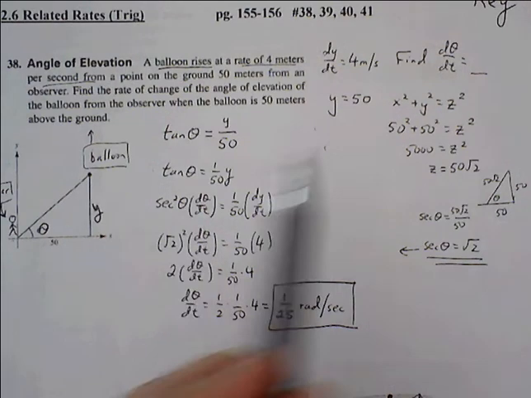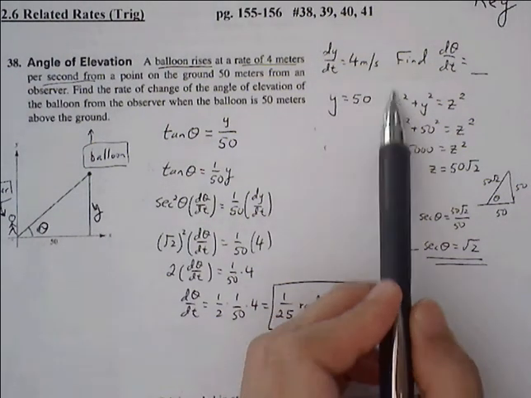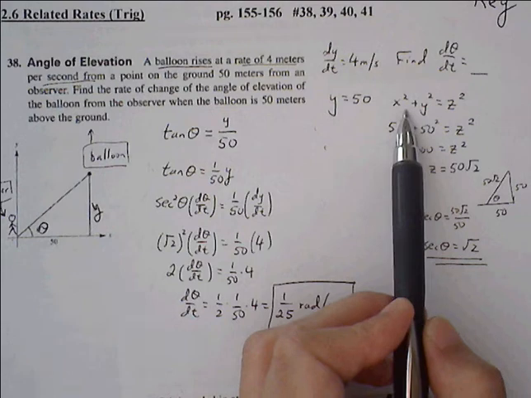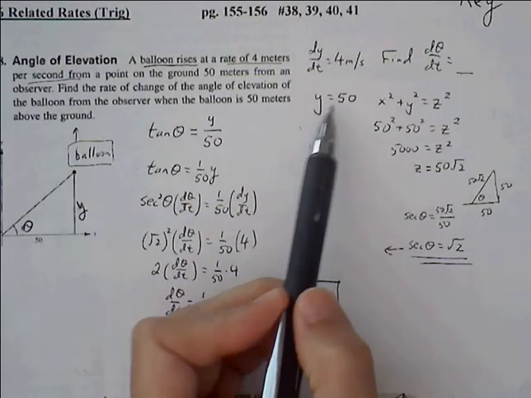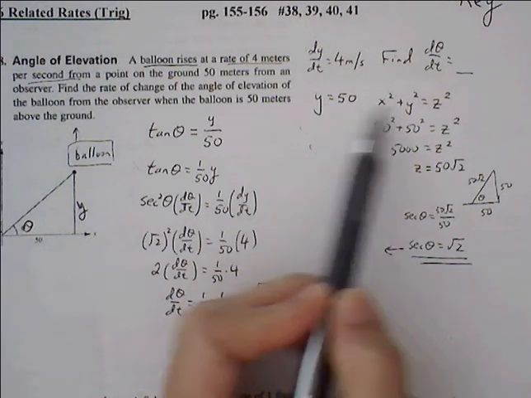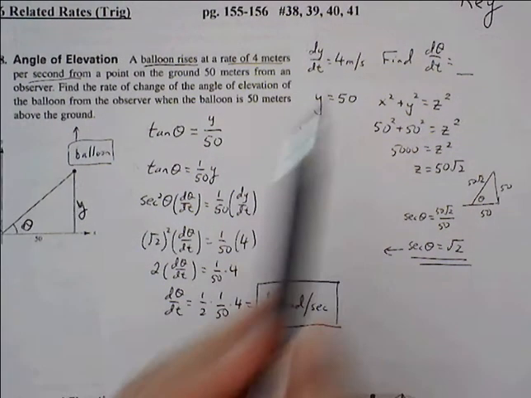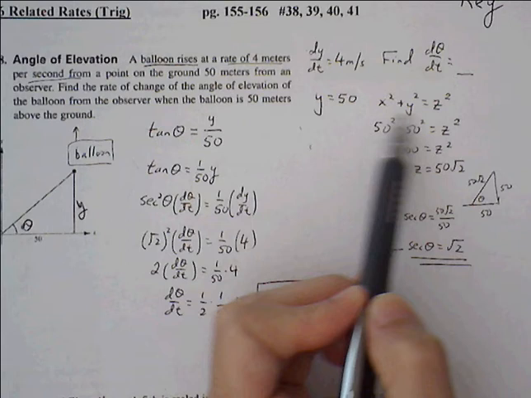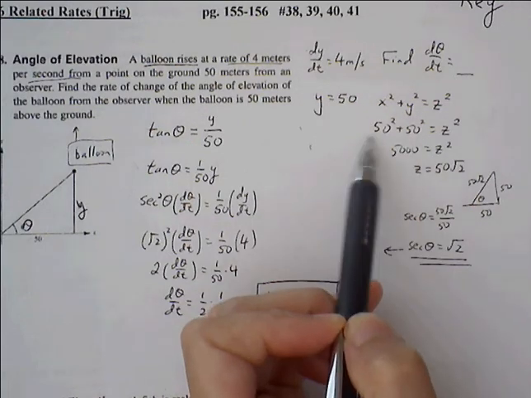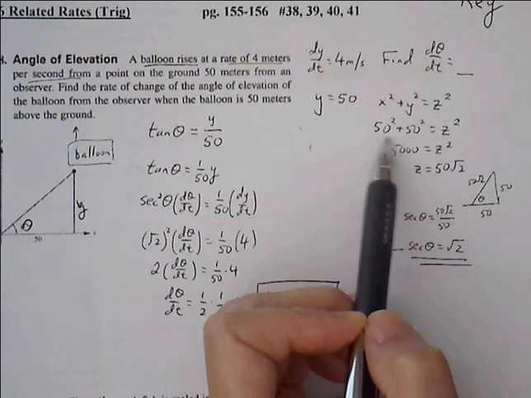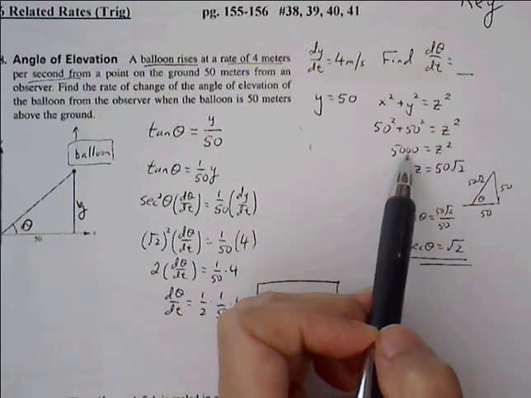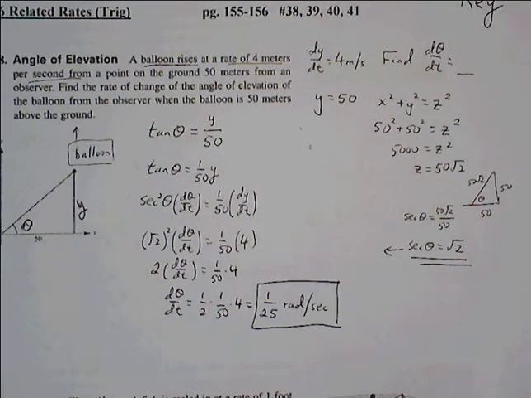So let's go back and look to see if this y equals 50 will help us find specific values around this triangle. So we know y is 50. We know the horizontal distance is 50. So we can say, using Pythagorean theorem, leg squared plus leg squared equals hypotenuse squared. And combine the constants values together, we get 5,000.